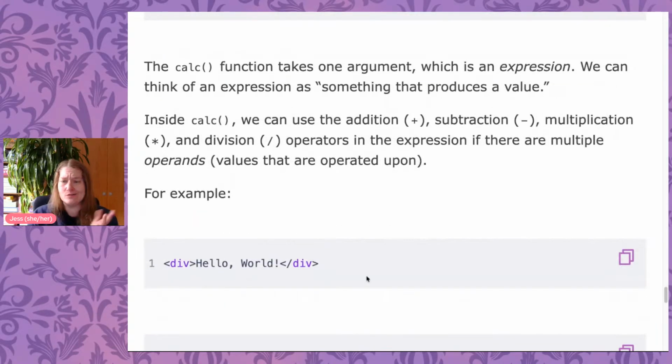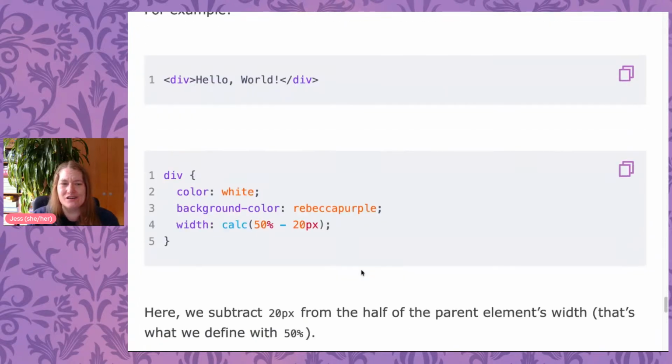We've got hello world. Okay, this HTML isn't that important for us. But check this out. This div, actually every single div on our page, unless there are other overriding conflicts, is going to have white text color and Rebecca purple for the background color.